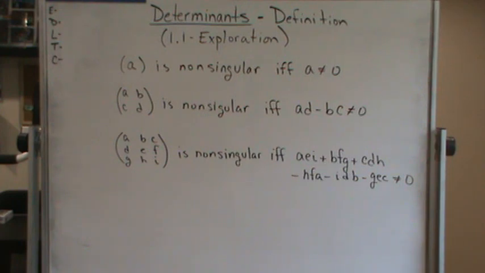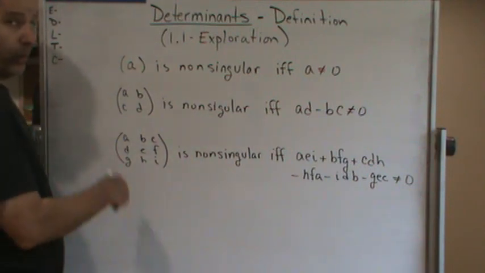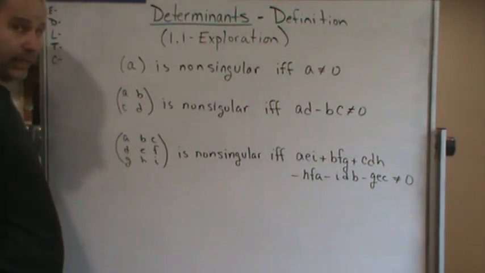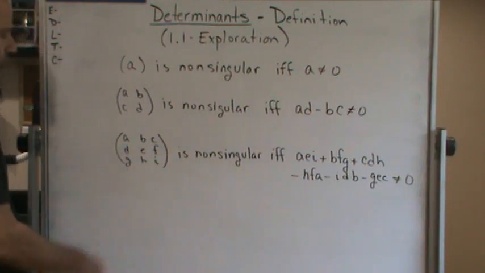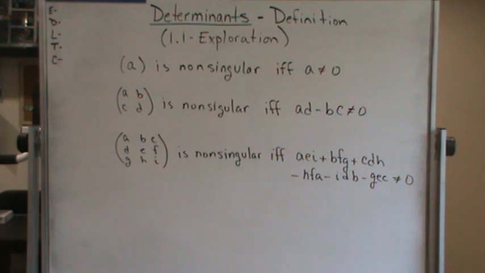Now what we're going to do is test this against the 2 by 2 and 3 by 3 formulas, and in the end we'll have to modify our comment about being unaffected by row operations and go from there. So let's start with the 2 by 2 and 3 by 3 cases. Let's look at those and go from there. We'll do some row operations on the general 2 by 2 and 3 by 3, and we'll see where that takes us.